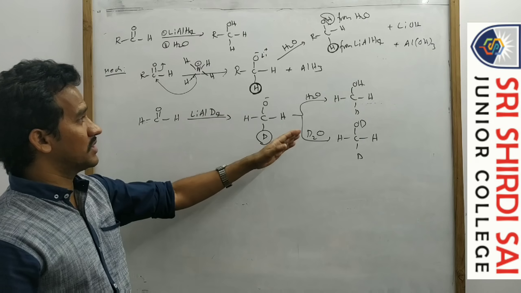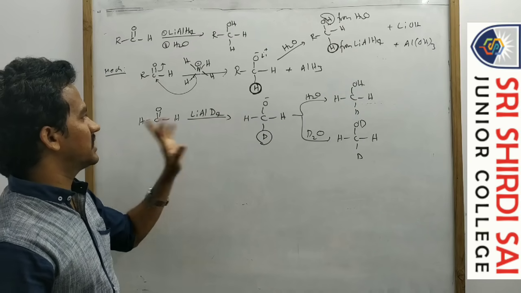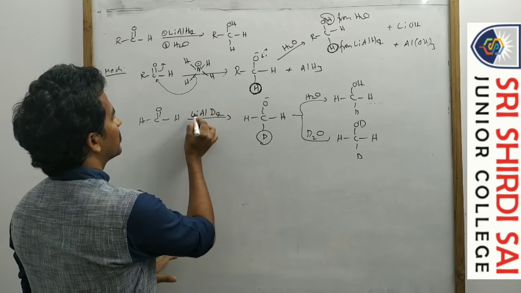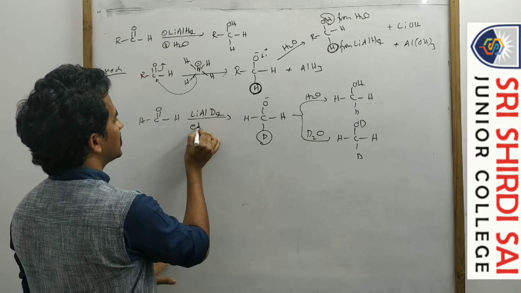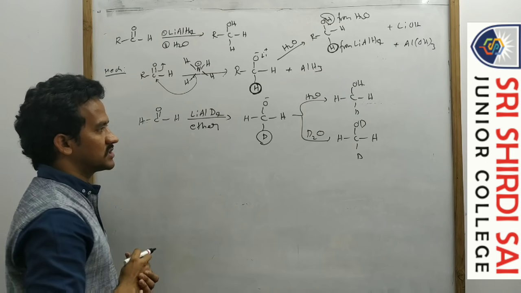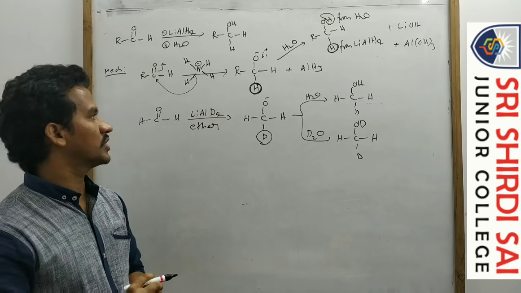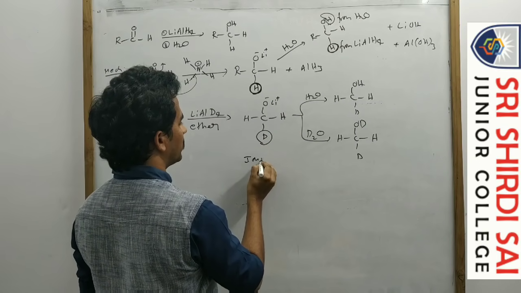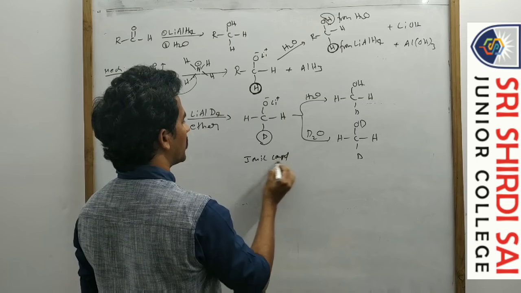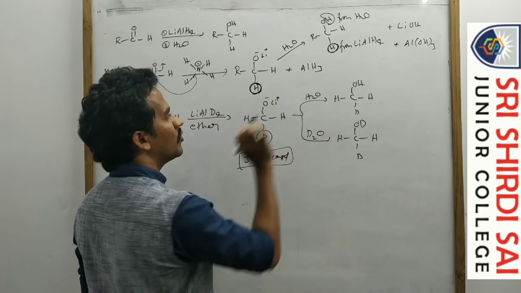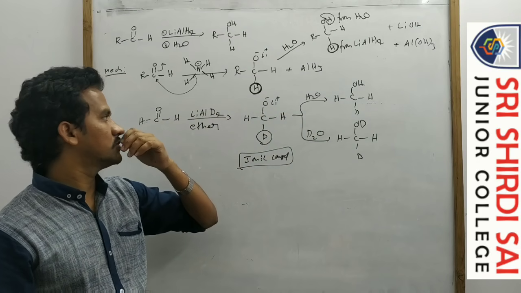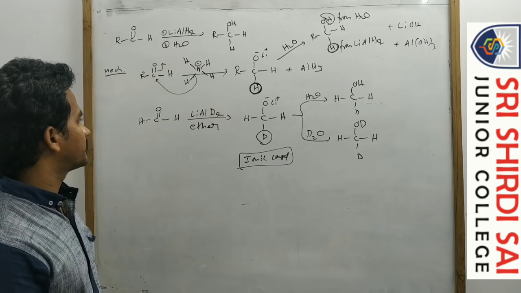Next step is the hydrolysis step. First is the LiAlD4. Another point: for the first step, ether is the solvent. O minus Li plus is an ionic compound, and the ionic compound is hydrolyzed by the water. That's it.